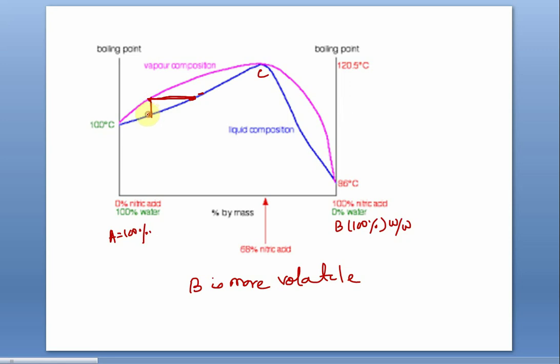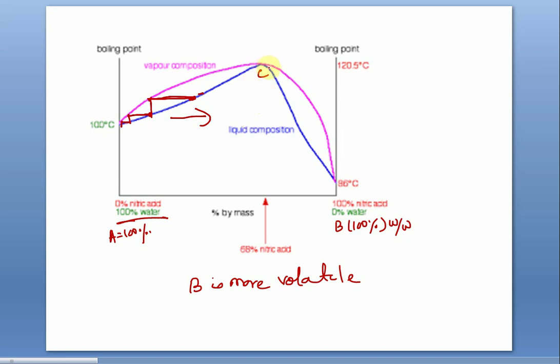And it has its own vapor, which will again be richer in the less volatile component. In this way, the distillate will give you pure water. On the contrary, the residue will move in the opposite direction, and the residue will be richer and richer in nitric acid till it reaches the azeotropic point C.